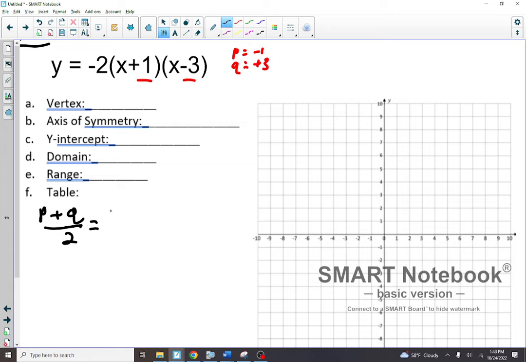So when I plug this in, it's going to be -1 plus 3 over 2. -1 plus 3 over 2, 2 over 2, 1 equals the x of my vertex. So I know my axis of symmetry is 1, and I also know my vertex is 1 comma something.